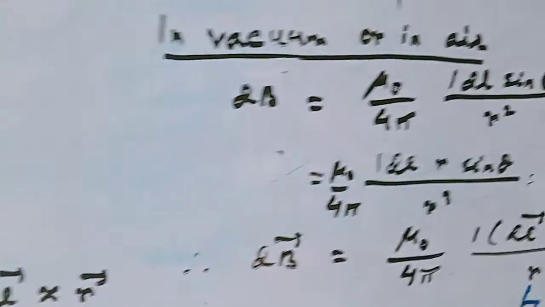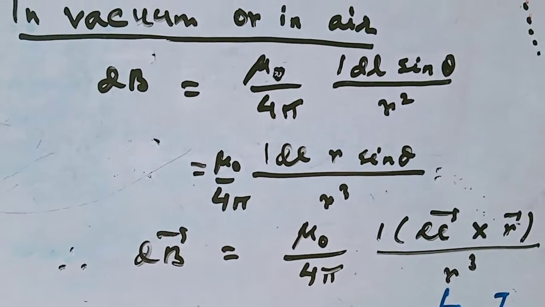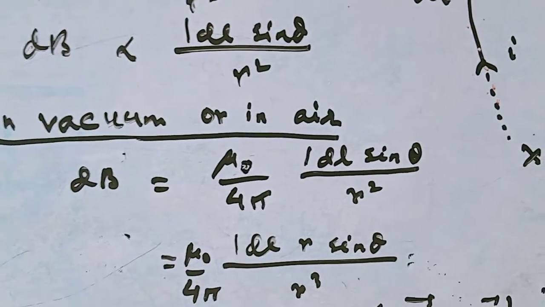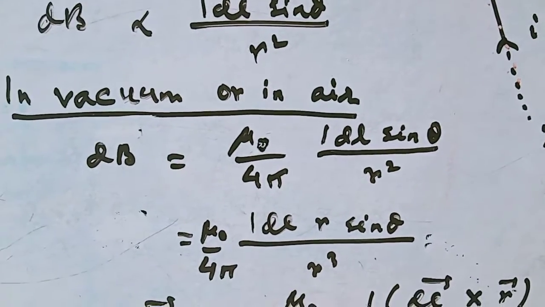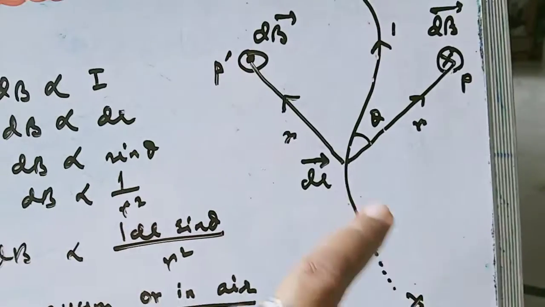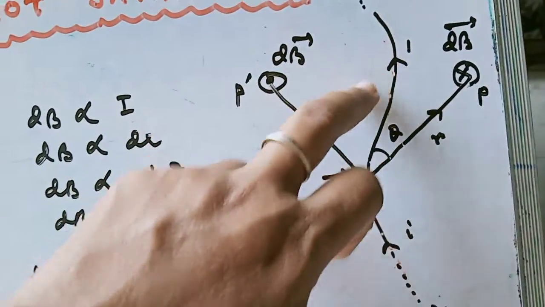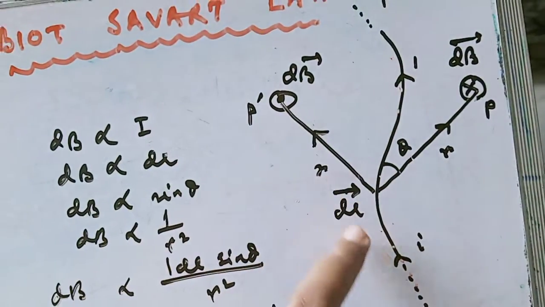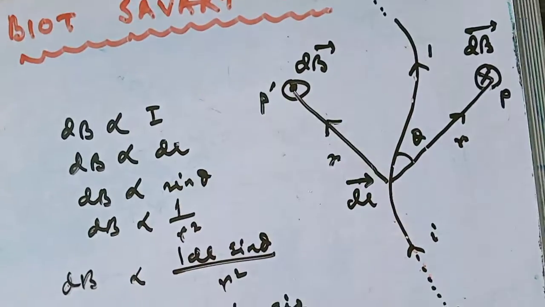Now what we have calculated is dB, that means for dl, dB is equal to mu naught by 4 pi I dl sine theta by r square. And if we wish to find for this point only, there are several dl present here. So if we find out the total, we have to integrate it.